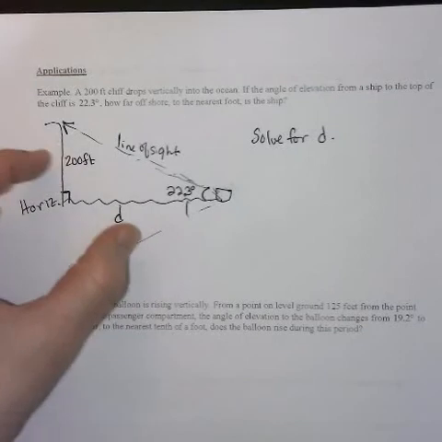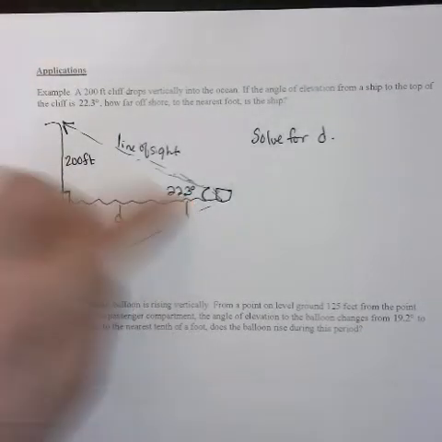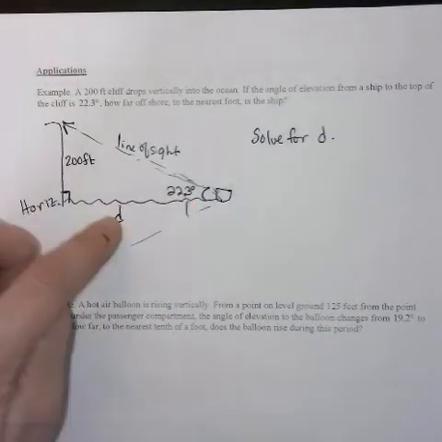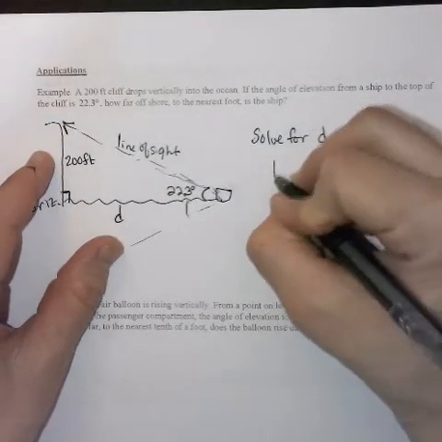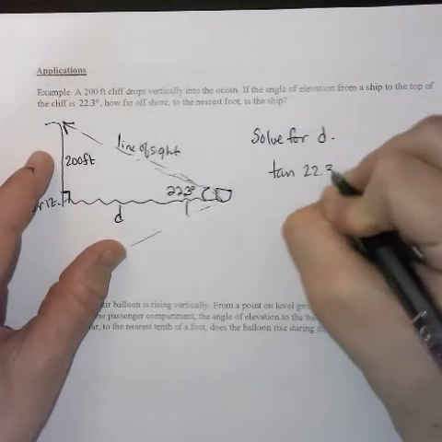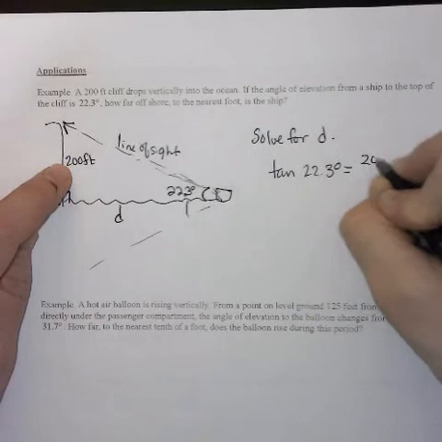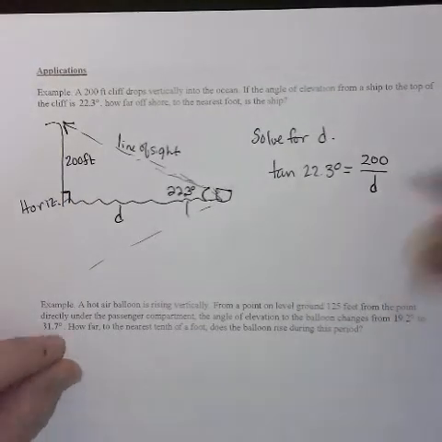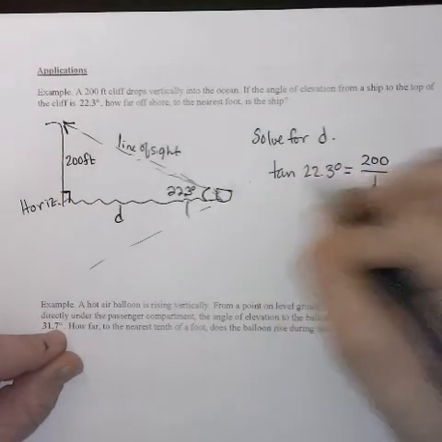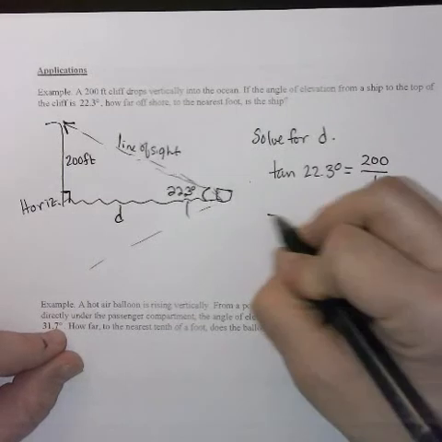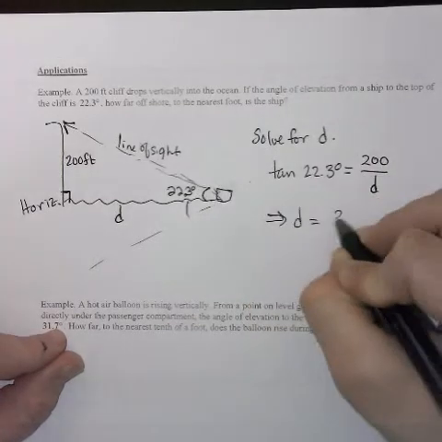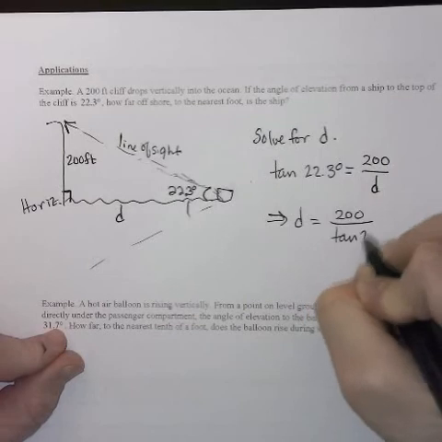So from the point of view of this angle, this is the opposite, and so let's use tangent. So the tangent of 22.3 degrees is 200 over D. So if I multiply by D and then divide by tangent of 22.3, D is 200 over tangent of 22.3 degrees.